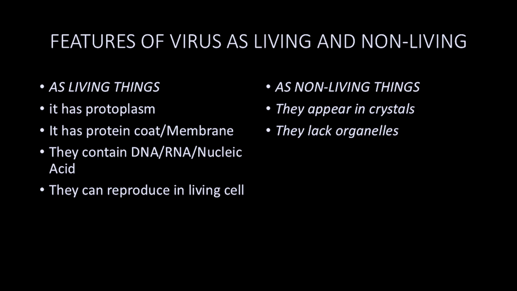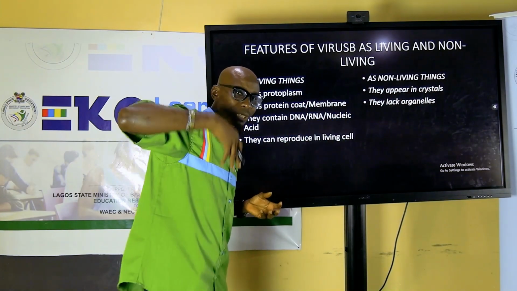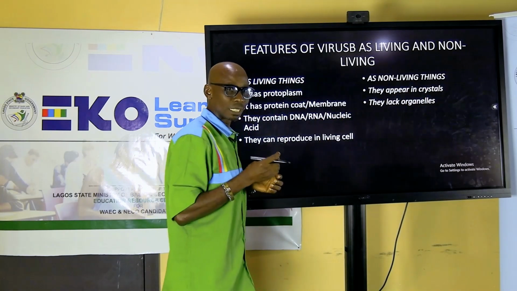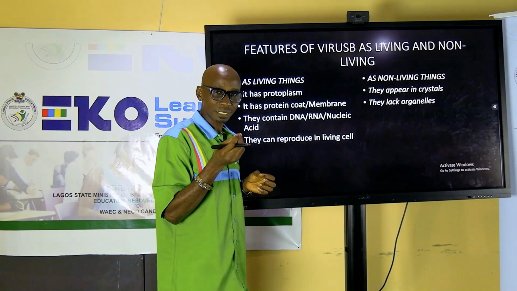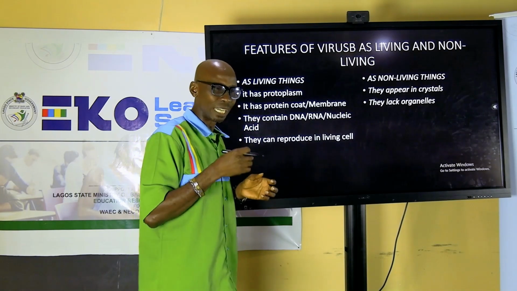The next one is features that make a virus non-living. The reason why they are non-living is that they appear in crystals. If they are outside the living body, they appear in the form of crystals, like sugar crystals, and remain until they enter into the body.